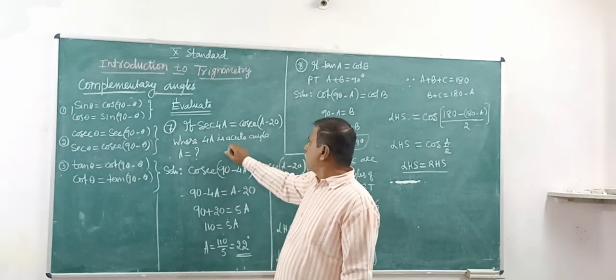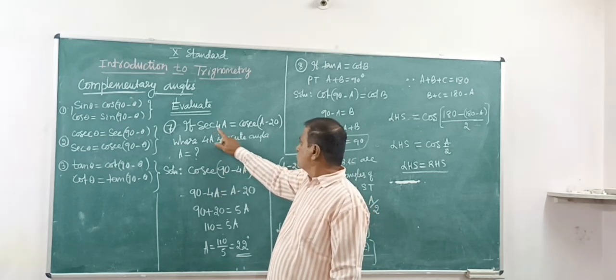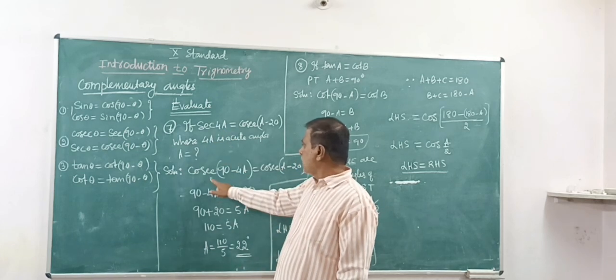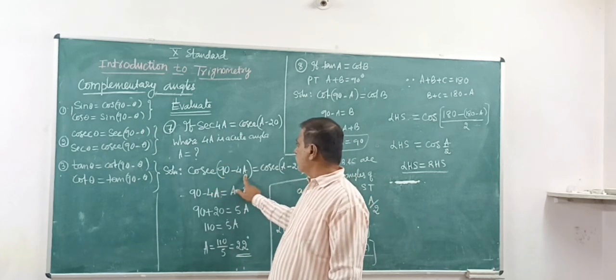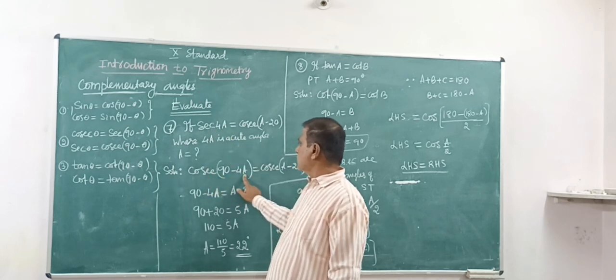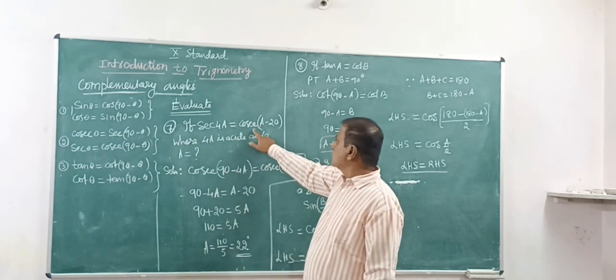Let us apply the complementary of this: secant 4a is cosecant of 90 minus 4a, secant theta is cosecant of 90 minus theta. And write the right hand side as it is.